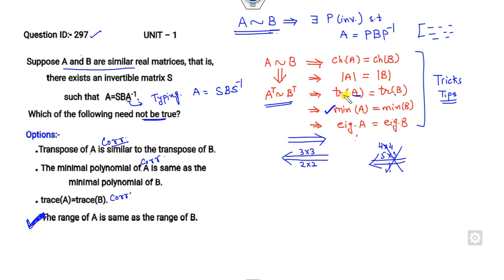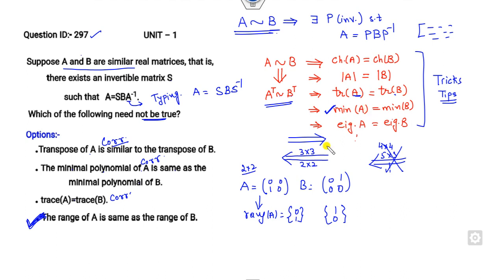Look at that, there is a trace of A, but you can't say that the range of A and B are the same. That's very simple. If you simply consider the two matrices, say A is 0 1 0 0, and B is 0 0 1 0, clearly, what is the range of this? What is the range of this? This is nothing but 0 1, and here it is 1 0. Now it's a 2 cross 2 matrix.